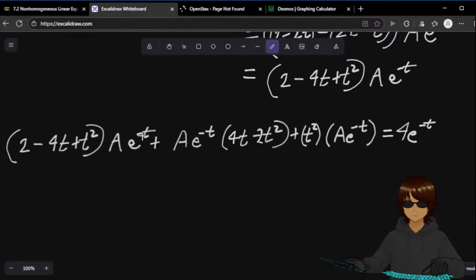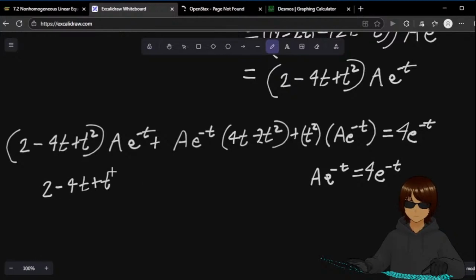So a times e to the power of minus t. Let's take this out. We took this out. This plus this plus this plus t square. So this plus this plus t square.